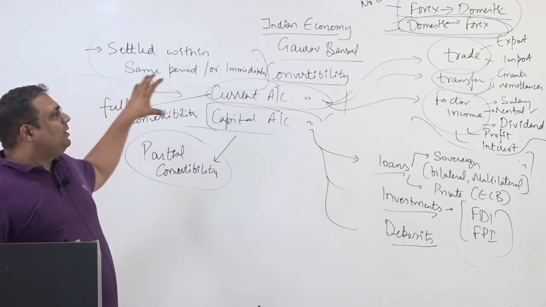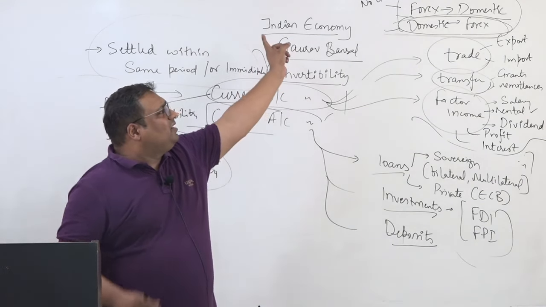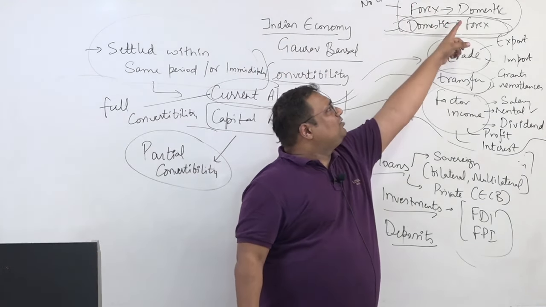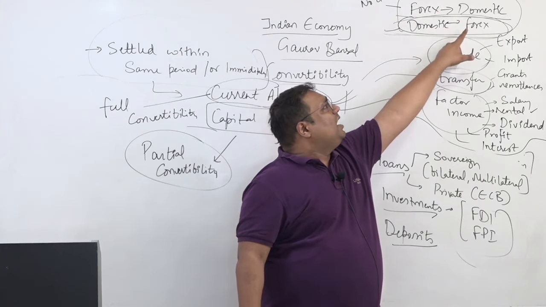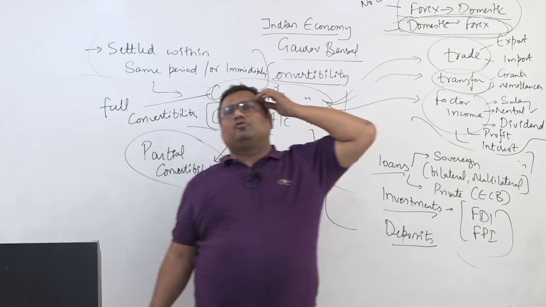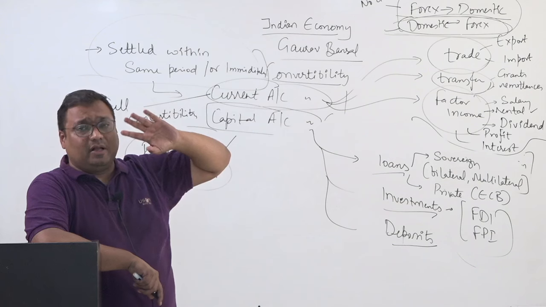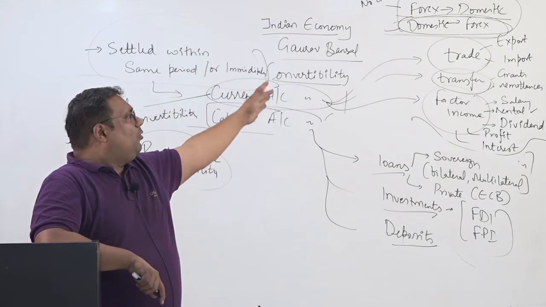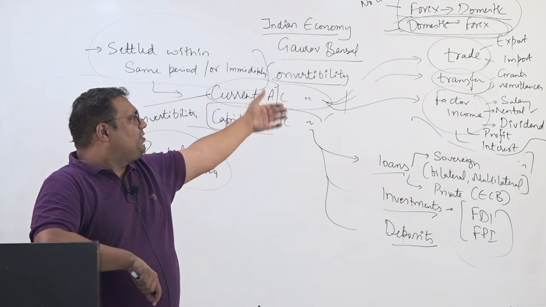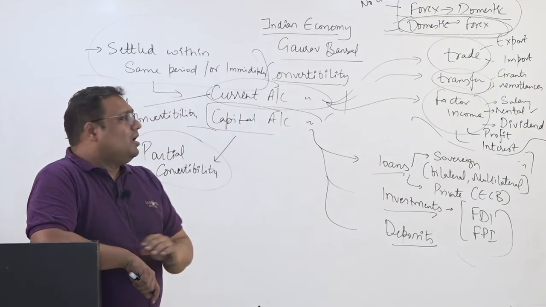By full convertibility we mean you can very easily get as much domestic currency against forex and as much foreign currency against domestic currency as you want. That is what we mean by full convertibility, and that is available for current account purposes, for trade, transfer and factor income.